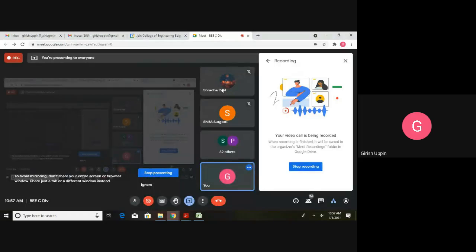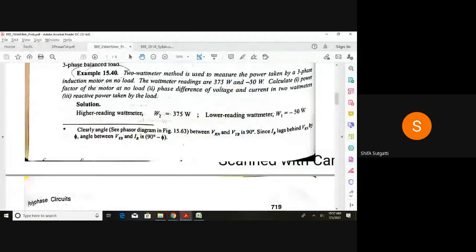Shifa? So first one is W1. This is 375 watt. Is it W1 or W2?